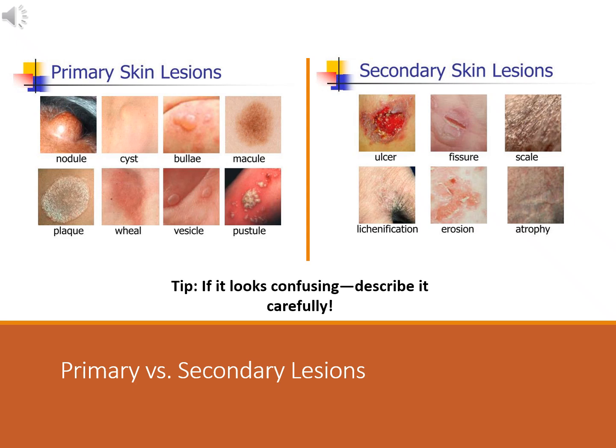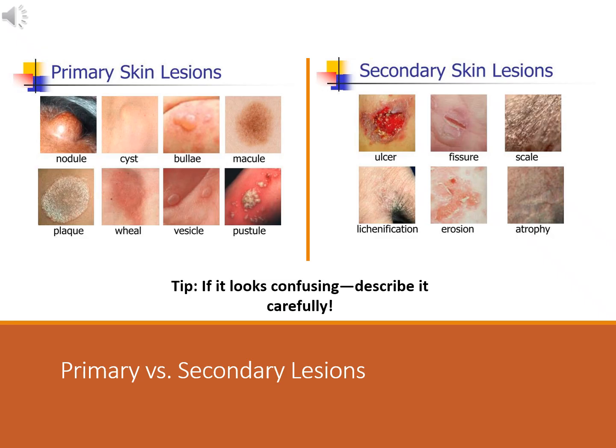There is lichenification. So this is a thickened skin area, oftentimes from chronic scratching. So we see this a lot in our liver failure patients who have a lot of itching and things like that. And then atrophy. So these are patients where their skin starts to kind of dimple in and look like it's a loss of skin tissue itself.